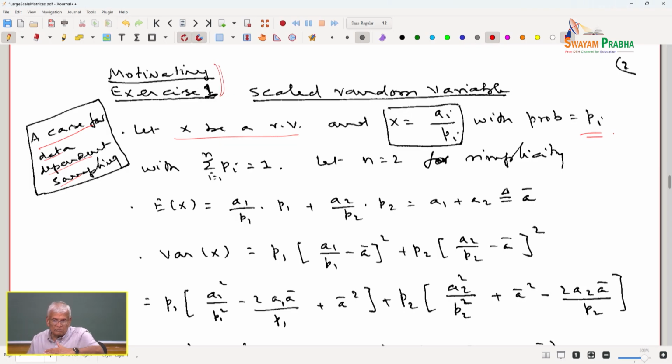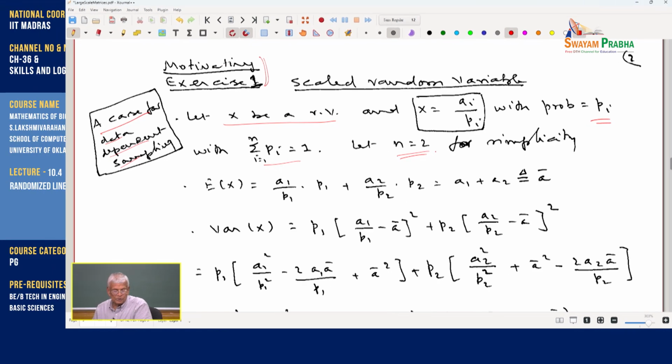So, this is the motivating problem. I am going to work with a simple example. Sum of pi is 1, and to make my calculation simple, let us assume n is equal to 2. So, I have a1 by p1, a2 by p2, p1 plus p2 is equal to 1. X takes the value a1 by p1 with the probability p1, a2 by p2 with the probability p2.